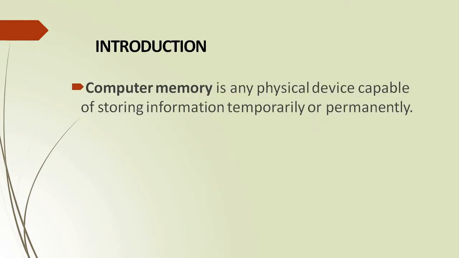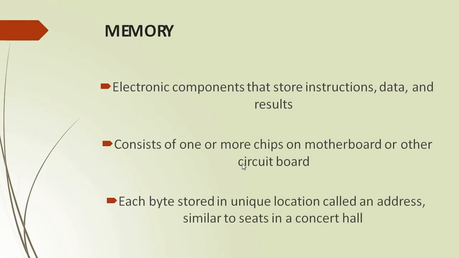Now, introduction. Computer memory is any physical device capable of storing information temporarily or permanently. Memory is an electronic component that stores instructions, data and results, which consists of one or more chips on a motherboard or other circuit board.